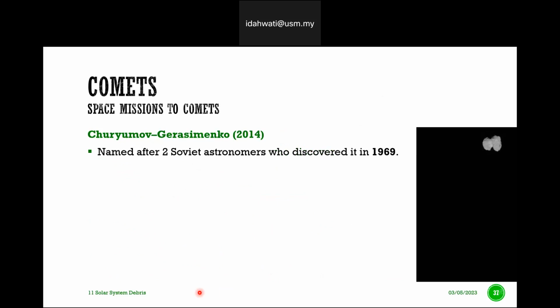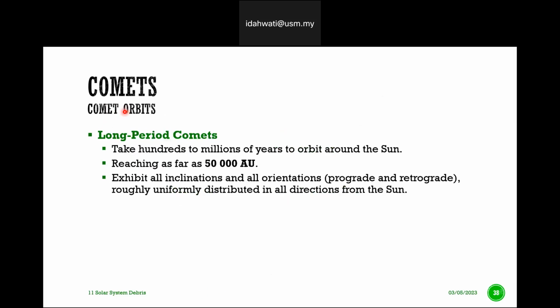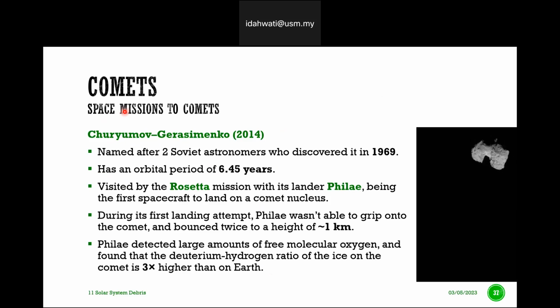Okay, so we finish that mission. The last one is Churyumov-Gerasimenko, named after the two Soviet astronomers who discovered it in 1969. It has an orbital period of 6.45 years and was visited by the Rosetta mission with its lander Philae, the first spacecraft to land on a comet nucleus.